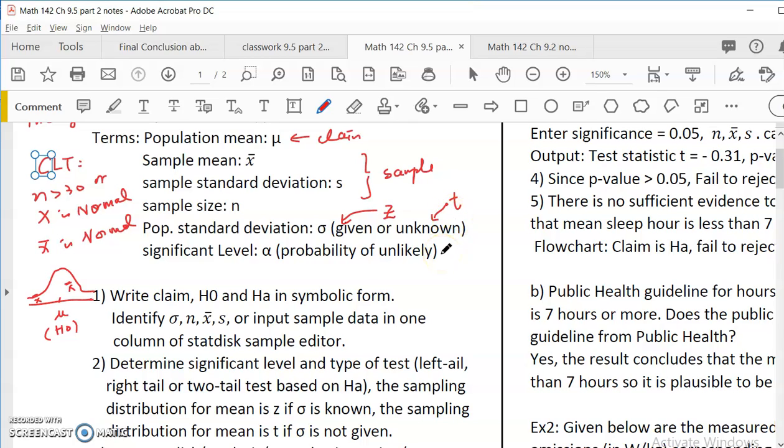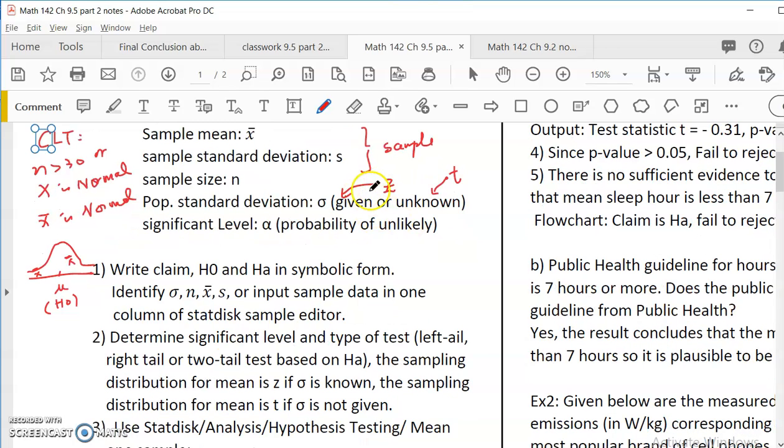In a lot of software, you actually have to determine that before you use it. But instead, this is a little easier because it is the same program for T or Z. You just decide whether you provide sigma or not.